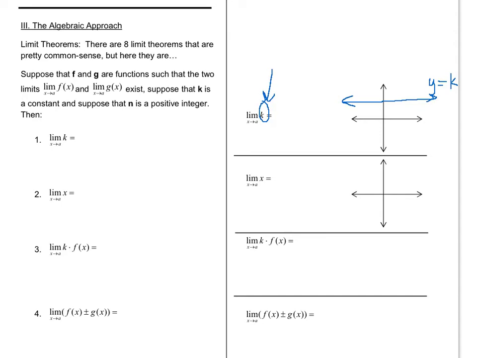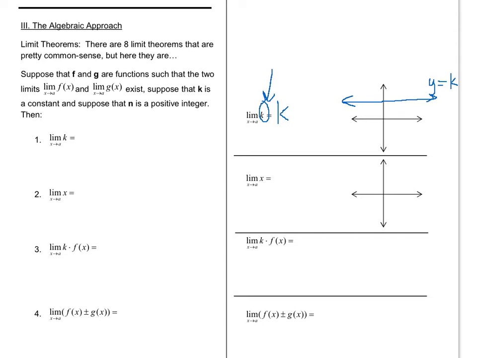This is what y equals. So again, y equals k. So we've got a constant here. It doesn't matter what x is approaching. x could be approaching anything. The y value will always be k. So in a situation like this, where you've got the limit as x approaches a value of a constant, the limit will always be that constant.